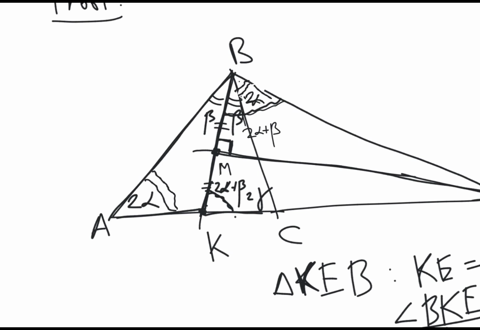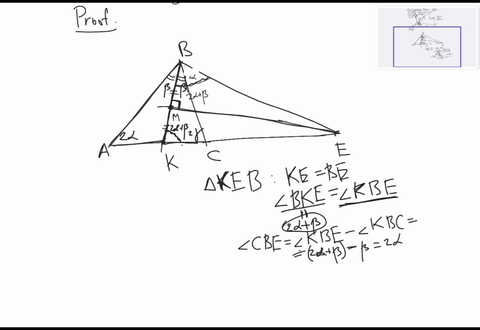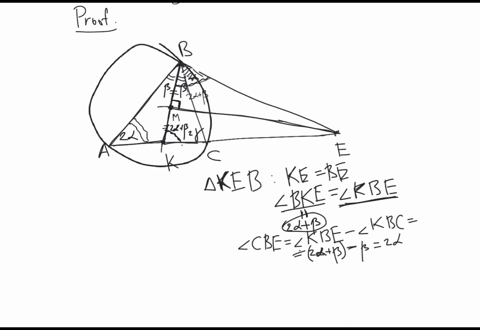But this means that in the original triangle ABC, if we consider the circumcircle of this triangle, we have the angle BAC subtending the arc BC, and this angle EBC is the angle between the chord and some line.